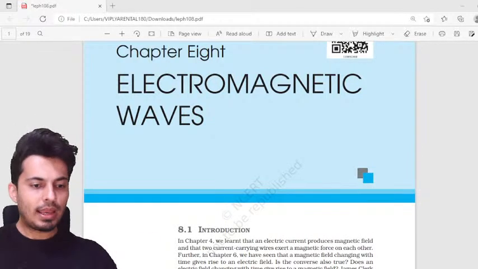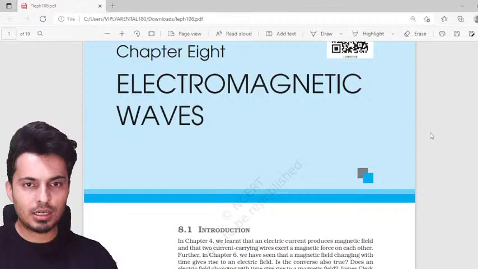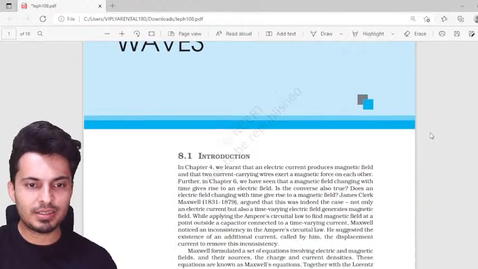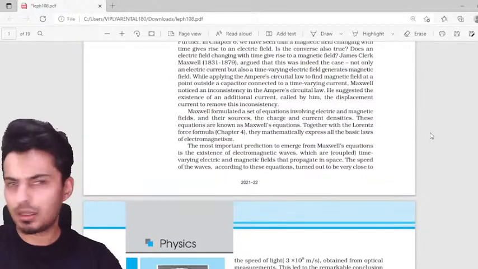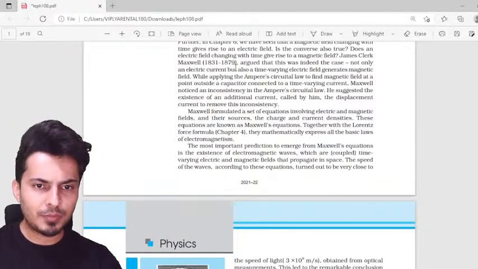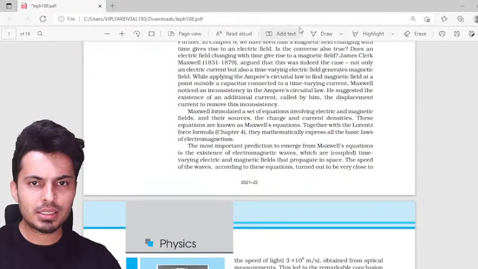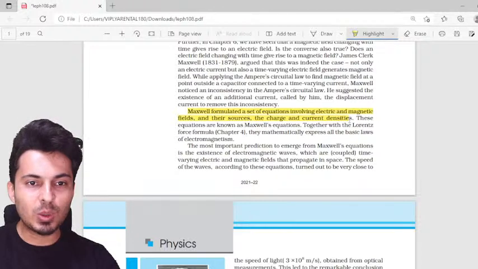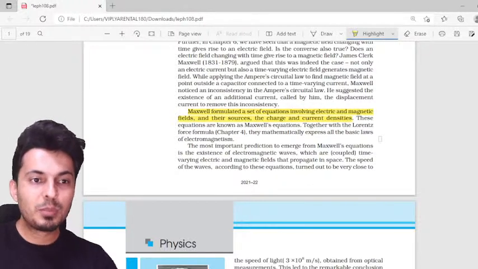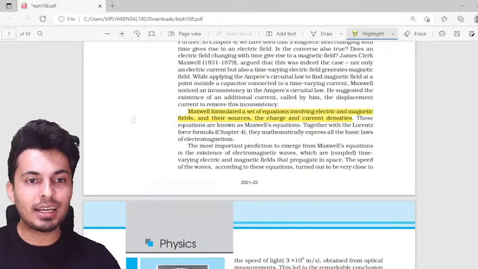So great. Let's start seeing all the important points in this chapter. In the introduction part, not much, but what you should know is that Maxwell was the guy who gave those equations for proving that light is an electromagnetic wave.